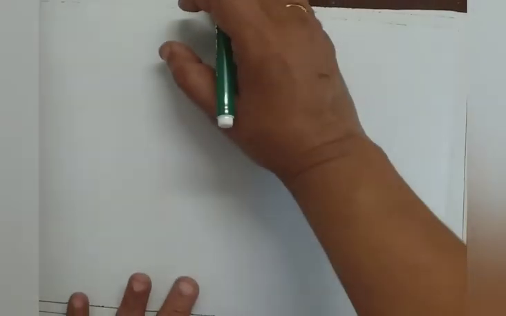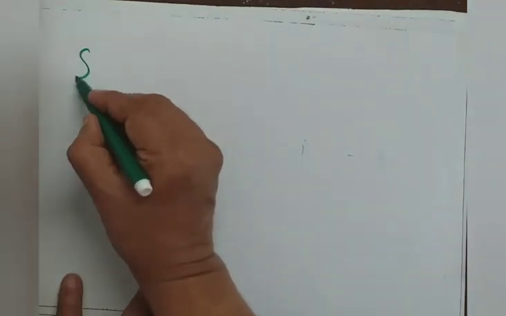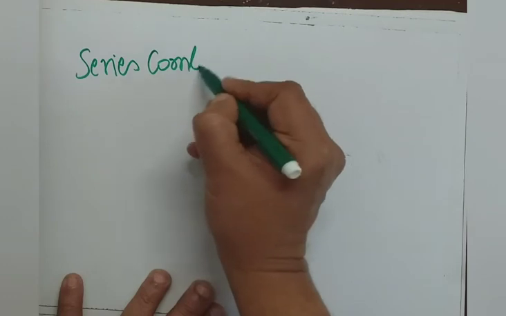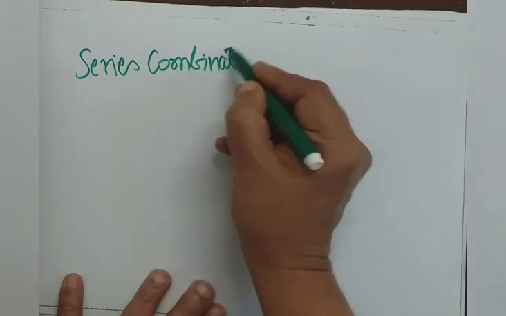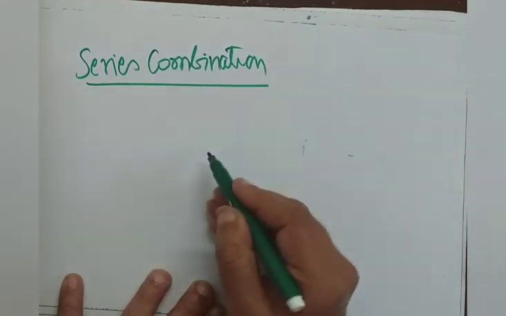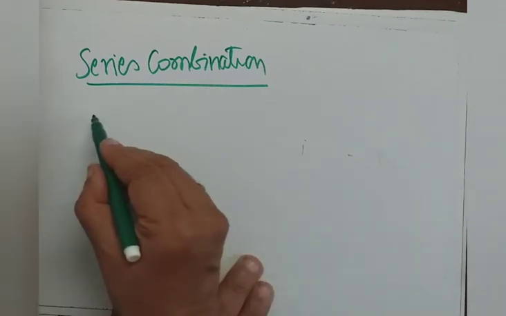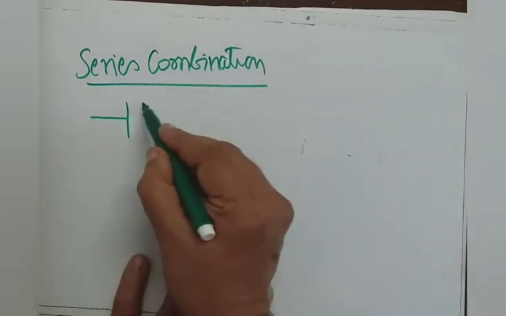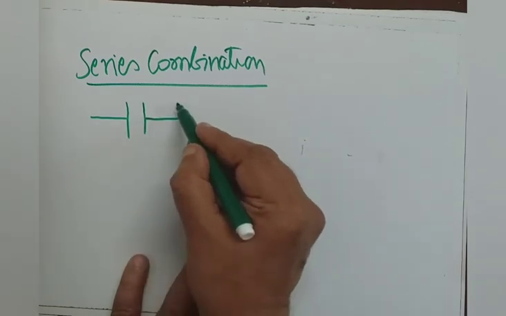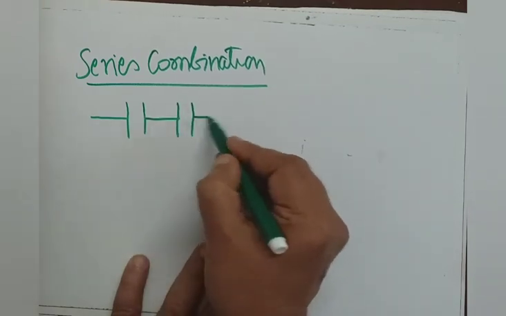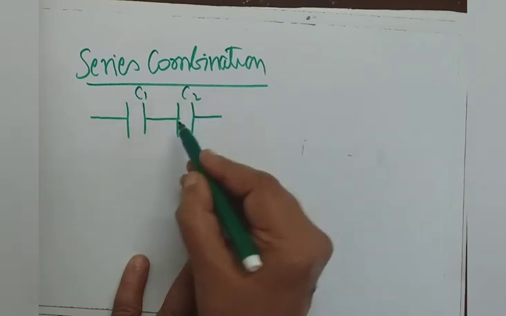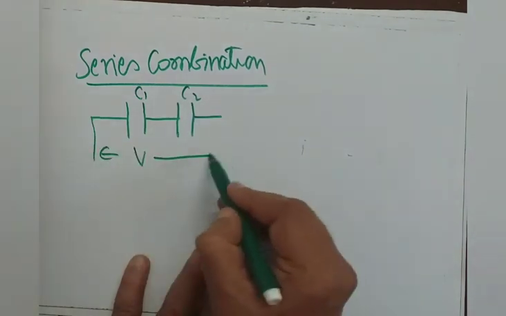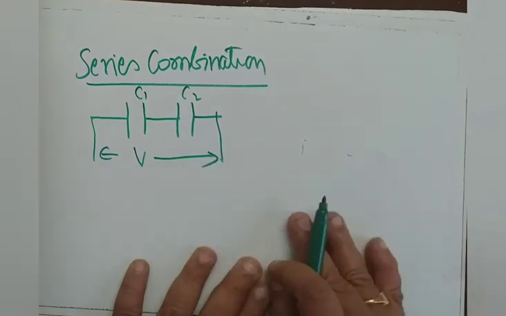First we take up the series combination. For that, let us take two capacitors of capacitance C1, C2, connected in series as shown. Now we apply a potential V to this.